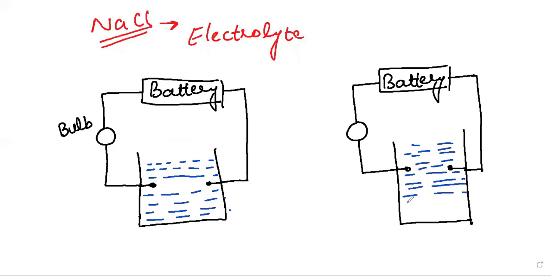This is a bulb which can give us light. This is glass number one, and this is glass number two.